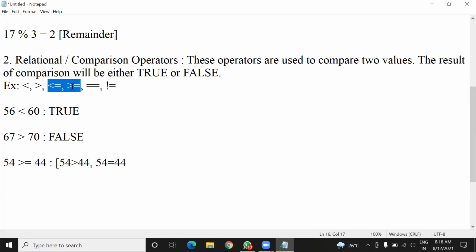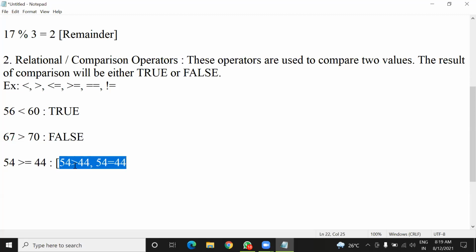If these two operators are involved in any expression, then you have to perform two comparisons individually, and if at least one of the results is true, then you can mark true for the whole expression. Here, 54 greater than or equals to 44: two comparisons, 54 greater than 44 and 54 equal to 44.